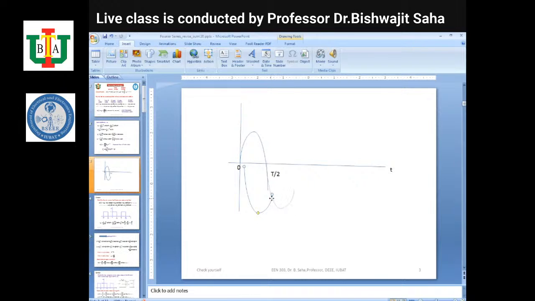Just to make you understand, sine wave is going like this way, right?